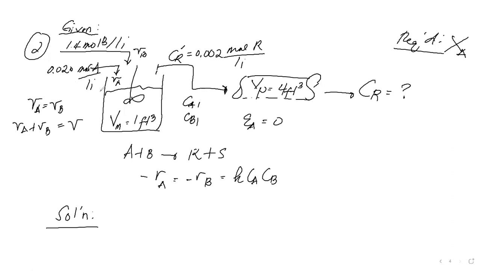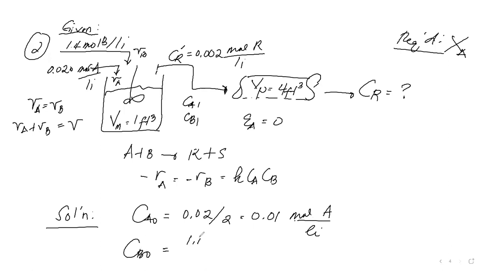If the two flow rates are equal, let's say this is 1 unit and this is 1 unit, your CAO, the initial concentration, will be 0.02 divided by 2, so that would be 0.01 mole A per liter. Your CBO would be 1.4 also divided by 2, so we have 0.7 mole B per liter.